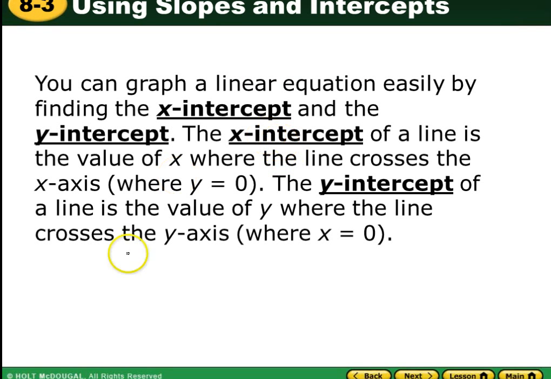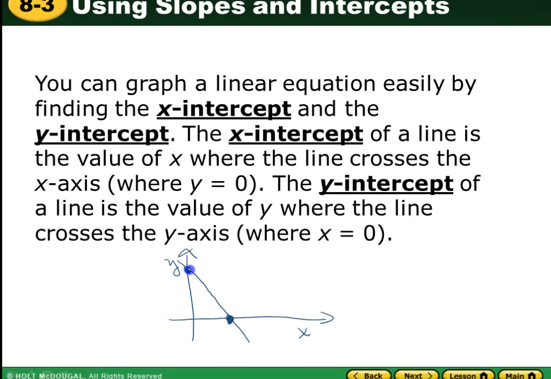The x-intercept is where the line touches the x-axis. So for example, here's the y-axis, here's the x-axis, and if I have a graph that's going like this, this point right here will be my y-intercept, and this point right here will be the x-intercept, because this is where the line touches the x-axis.